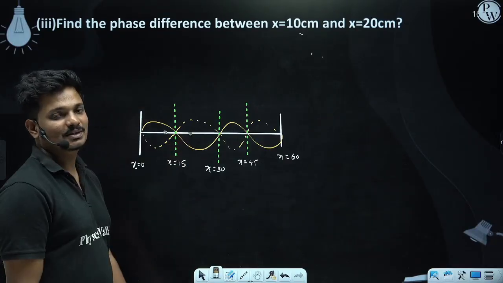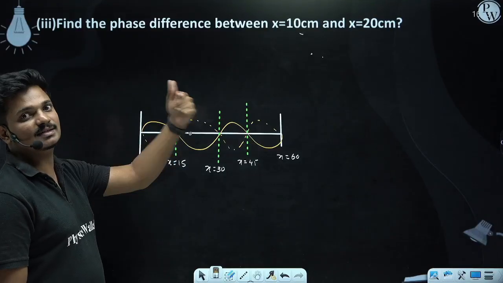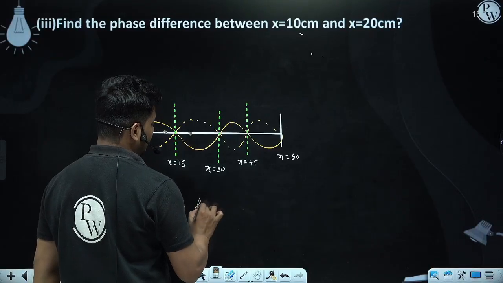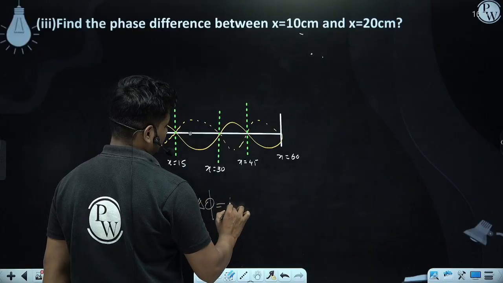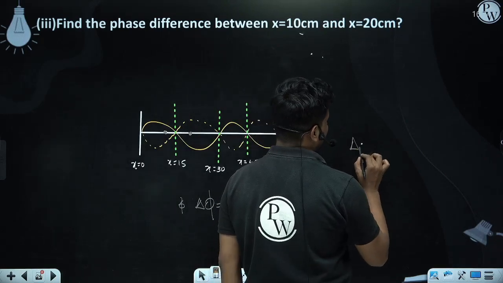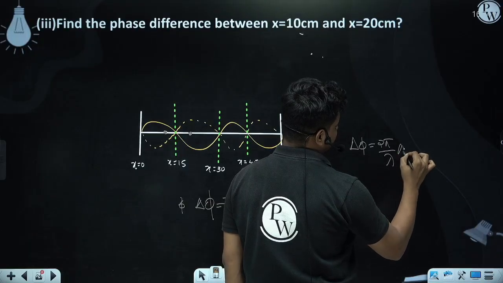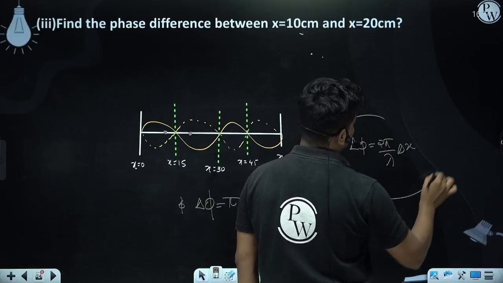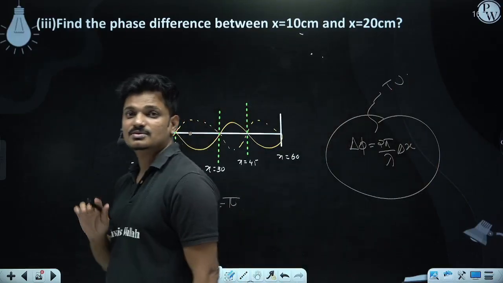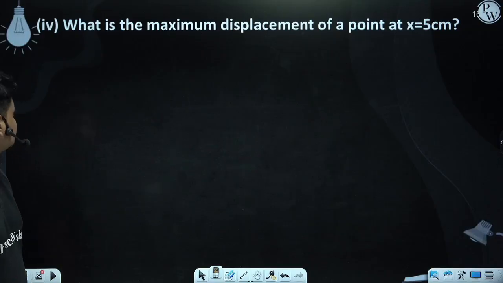So x equal to 10 is in one loop and x equal to 20 is in the adjacent loop, so the phase difference between them, delta phi, is pi. Don't use the expression delta phi equal to 2 pi by lambda into delta x. That one is for a traveling wave.